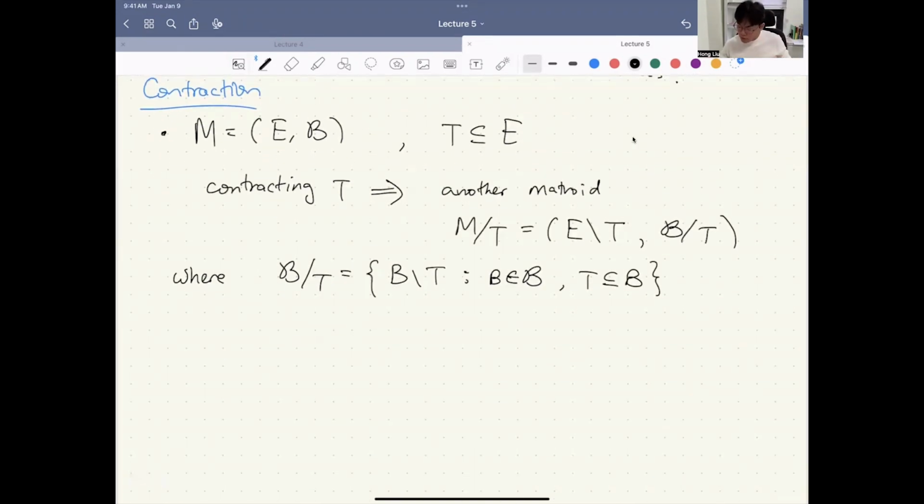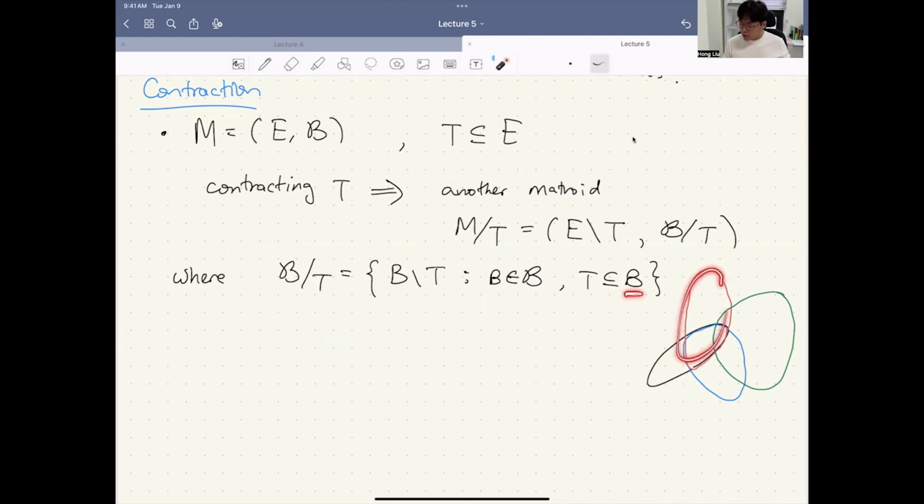Here's a picture. Let's say this is your matroid. It has 4 bases in B: the red one, green one, blue one, black one.